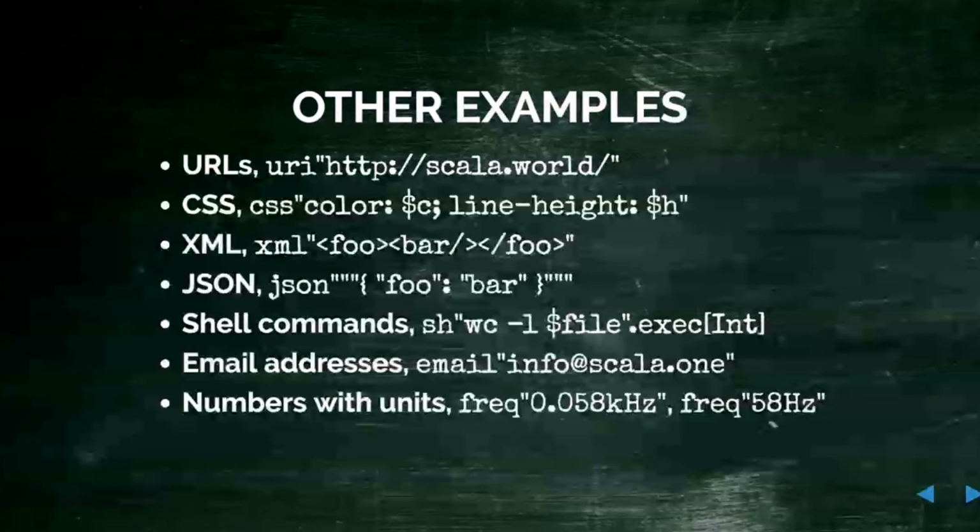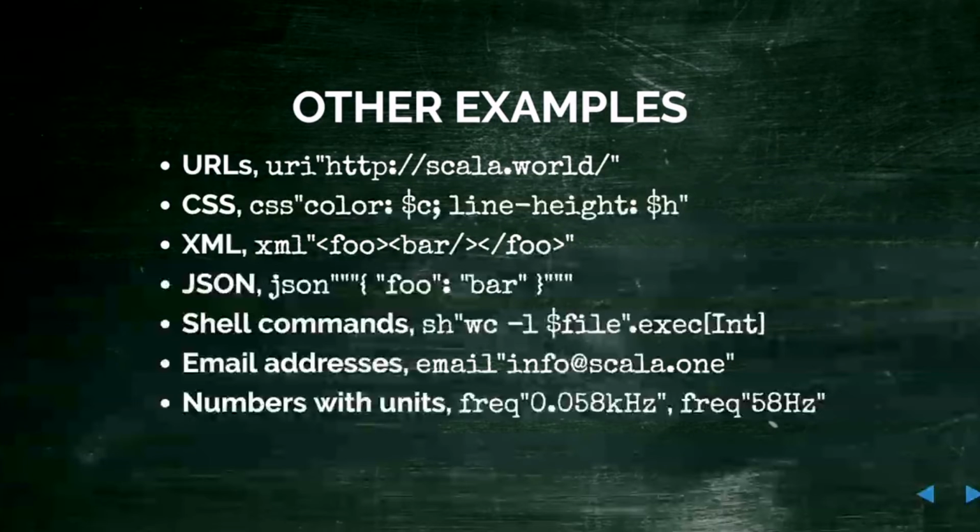And we could guarantee that the name here is a valid CSS property name. If you accidentally put a U in color, which I do all the time, it would be a compile error. You would not accidentally deploy that to someone's web browser ultimately. We can do XML checking. We can check that this foo here matches the foo here.